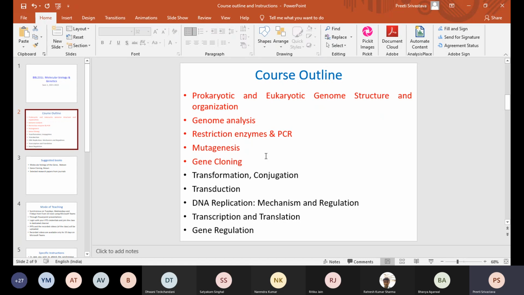So depending upon how much we are able to cover, we will try to include that. Otherwise, for those of you who are interested in these topics, you can do a self-study later on, or we can have a class later on. But from my side, this will be the course for sure, and depending upon how we progress, we can add genetic switches.